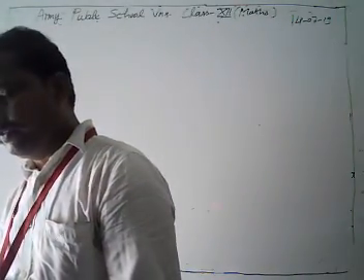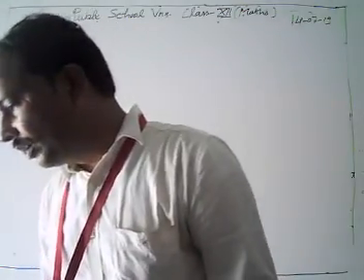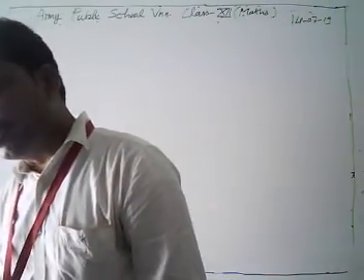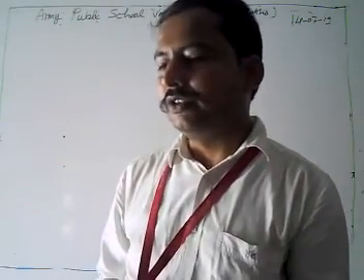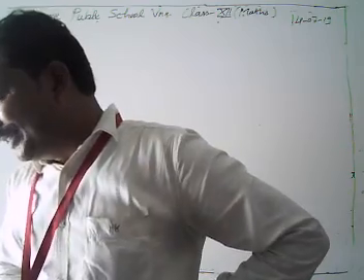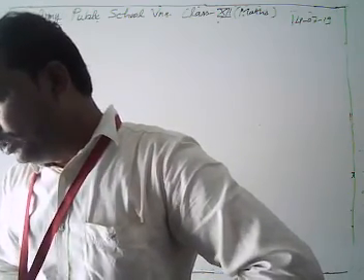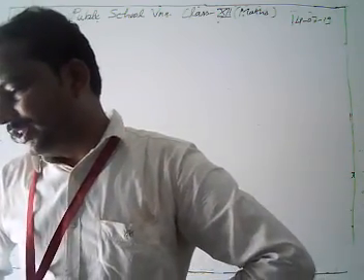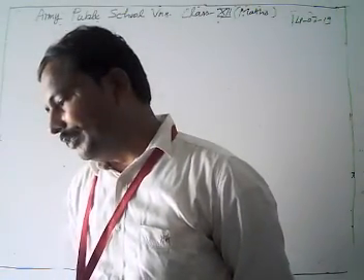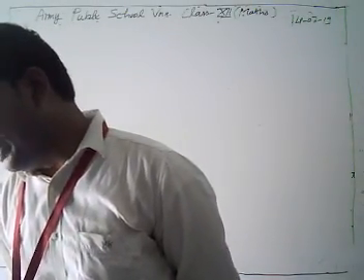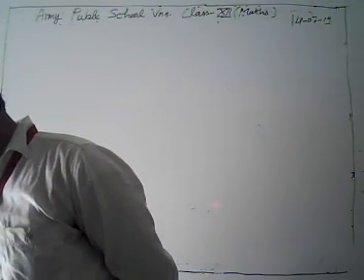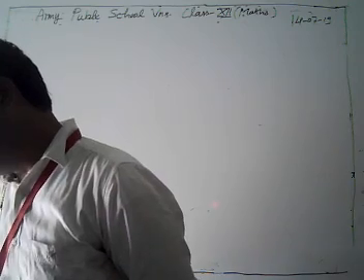It's the first problem. An iron pole consisting of a cylindrical portion of 110 centimeter height and of base diameter 12 centimeter is surmounted by a cone of 9 centimeter height.